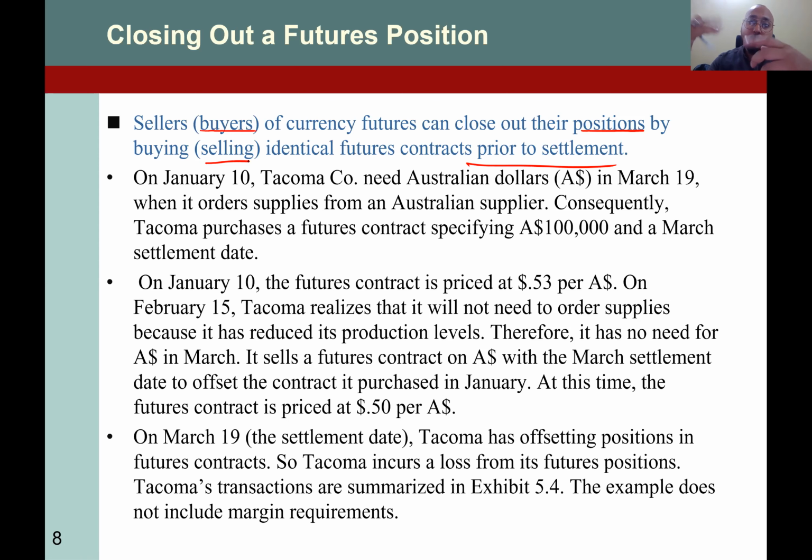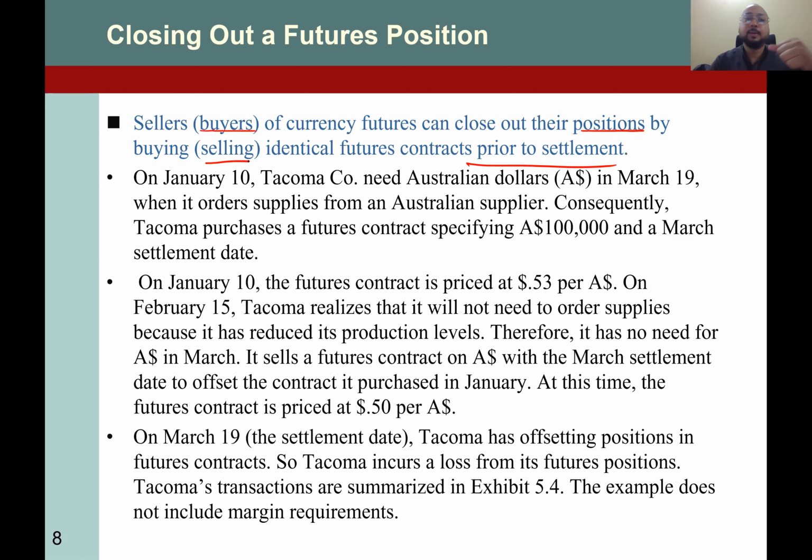If you are selling, your opposite contract would be buying, right? Because you want to cancel your position. This is just financial terminology, closing out a position or offsetting the contract. It is a very fancy jargon, the language of international finance. So don't just worry about the jargon.